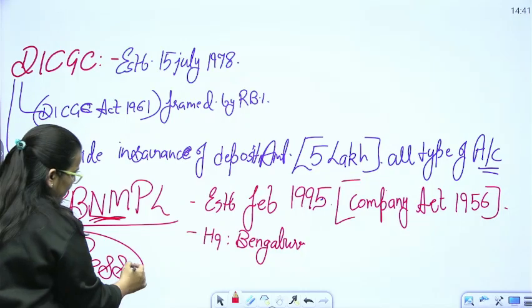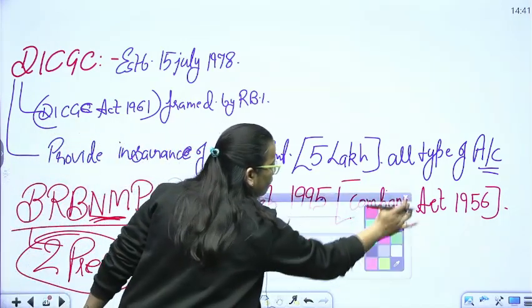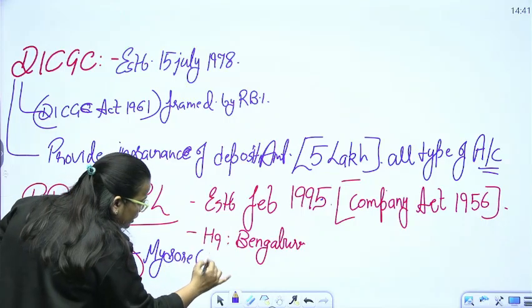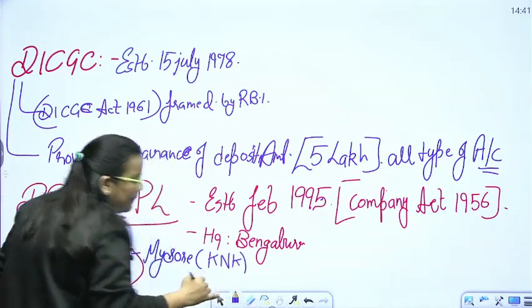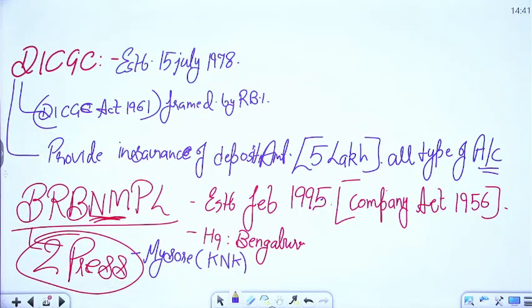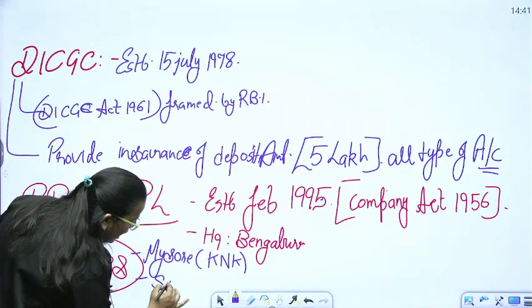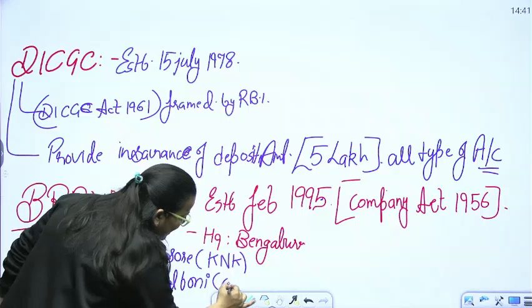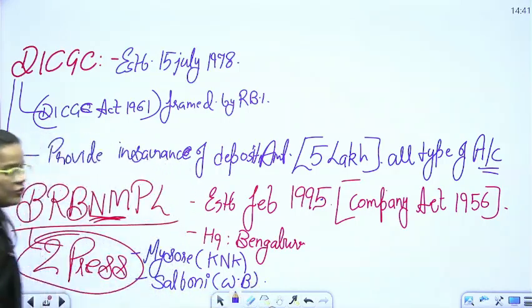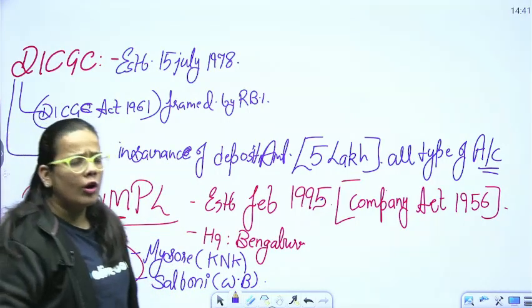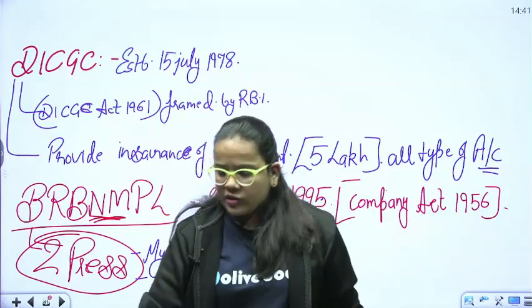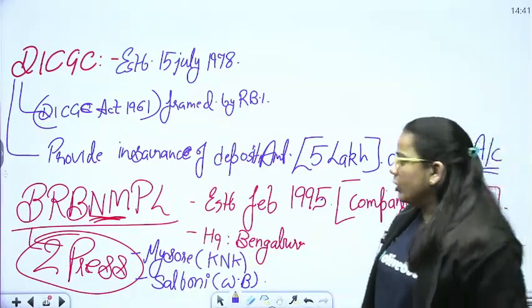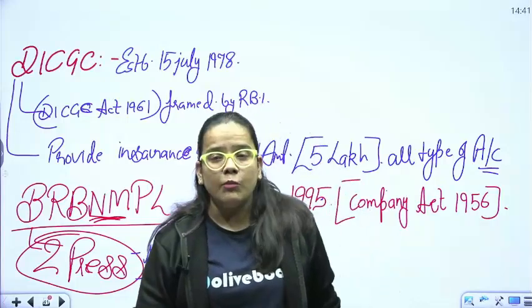The first is in Mysore, Karnataka, the Mysore printing press, and the second is located in Salboni. Salboni is located in West Bengal. So BRBNMPL manages these two presses, Mysore, Karnataka, and Salboni, West Bengal.